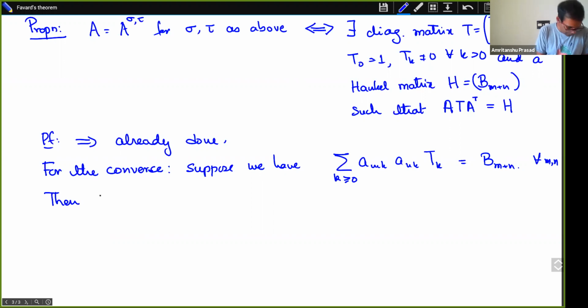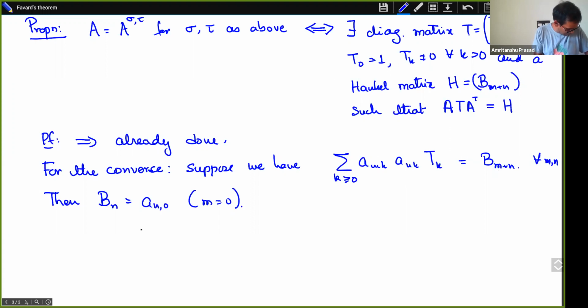Already what we know is that B_n equals A_n0, just taking m equals 0. So the A_n0 is completely determined by the sequence of B's. So what I'm going to show is that A is uniquely determined by this factorization.